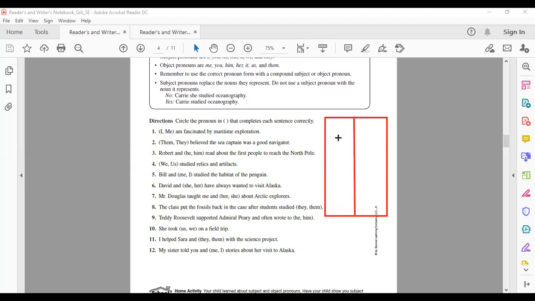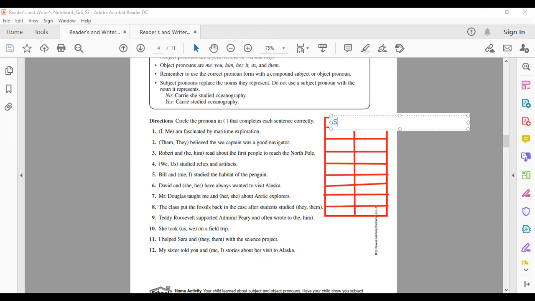Try to cut it in half. 1, 2, 3, 4. Okay, and then come to the first one right here and write this one. This is the subject pronouns right here. And here are the objects. We'll memorize it this way.